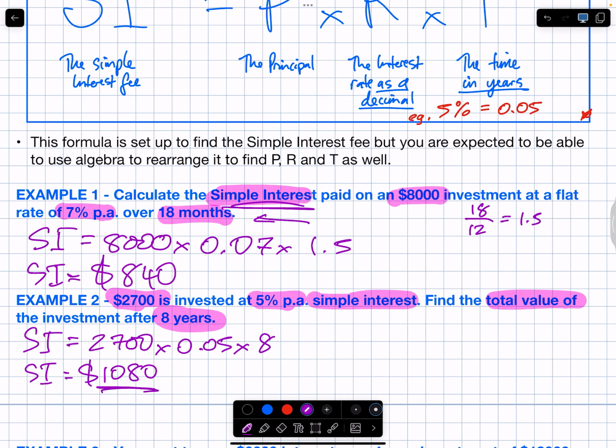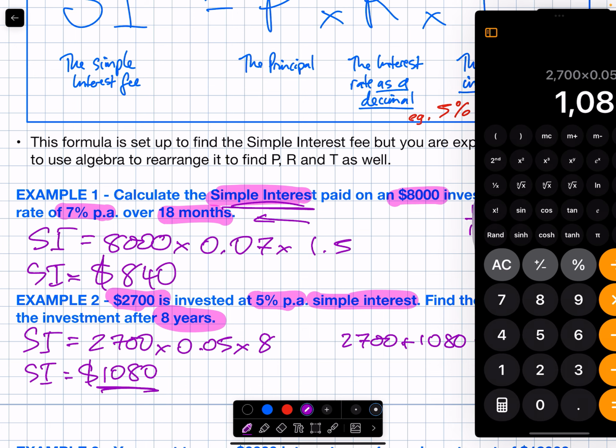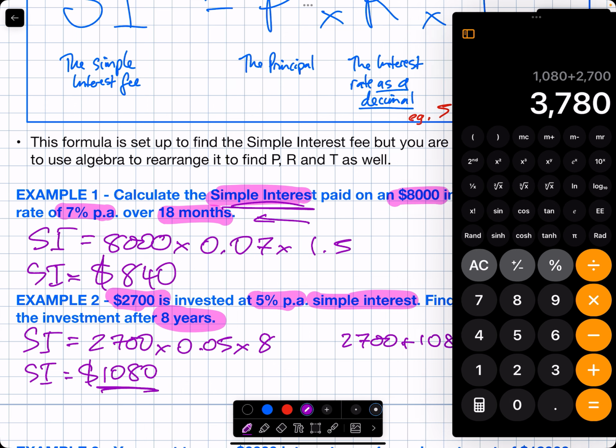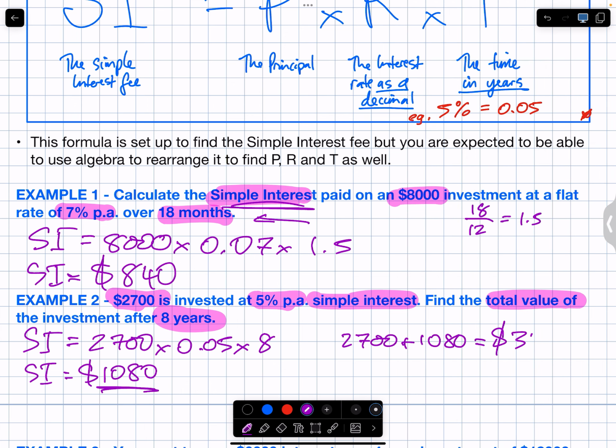That is the cherry on top. What is the total value of the investment then? Yes, so it's going to be 2,700 plus 1080 equals 3,780. Can you get that example down, please?